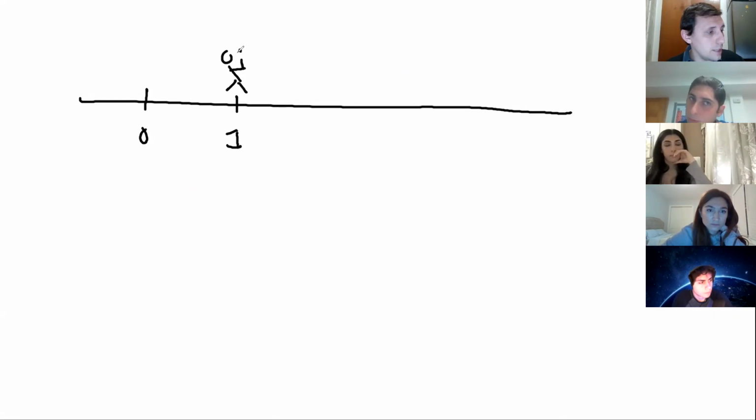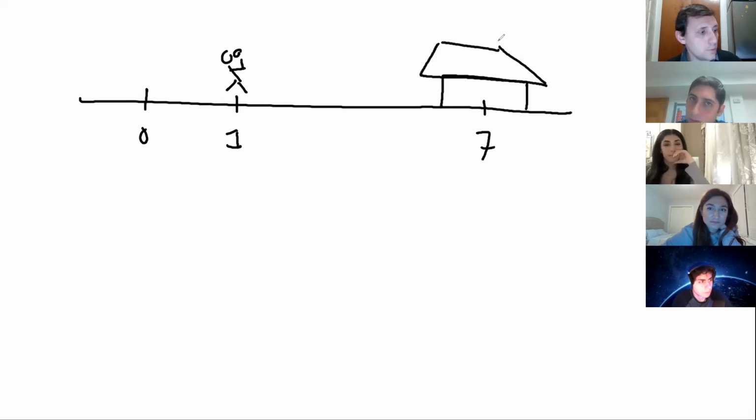Maybe you drank too much, you know. So you are trying to find the direction to your home, which is located in position 7, right? So your GPS needs to specify, just go to 7, and you know where to go. You just need one number to specify the location of any point of destination. So that makes it 1-dimensional.